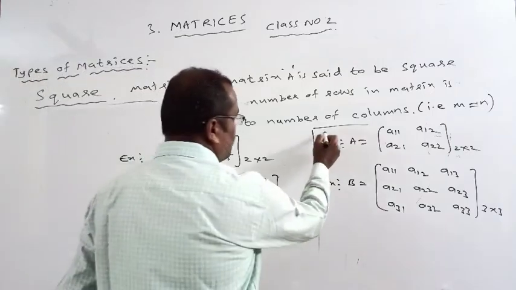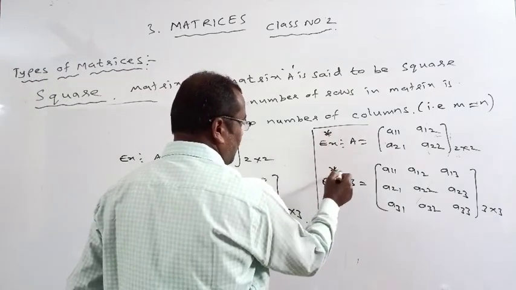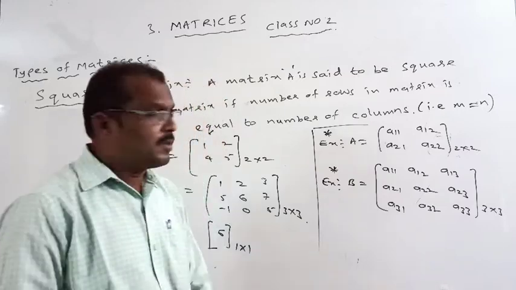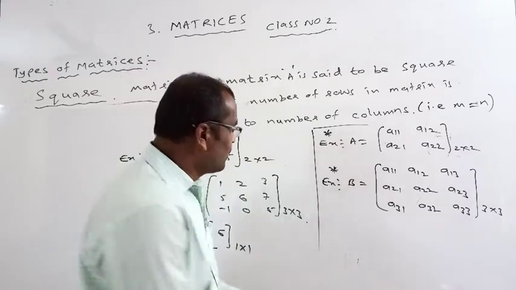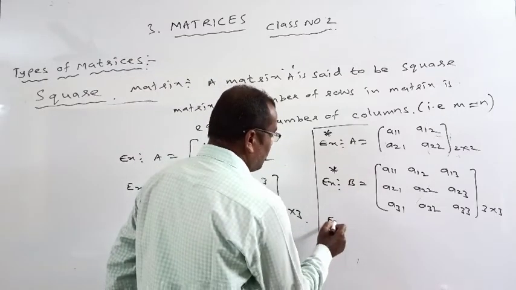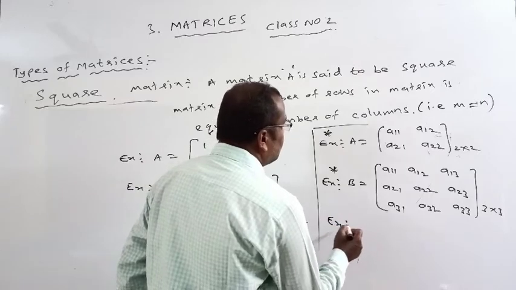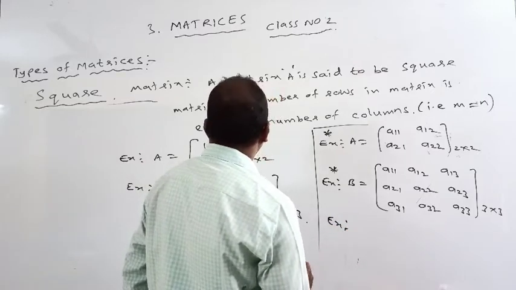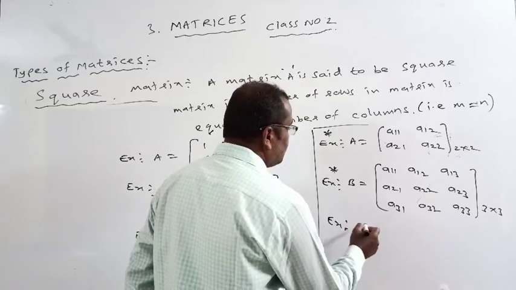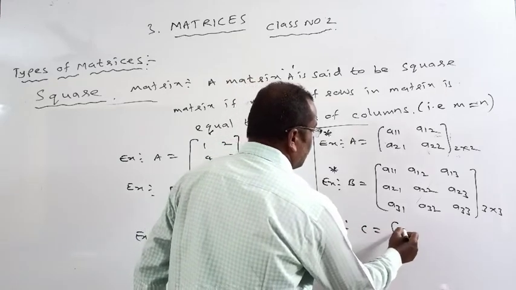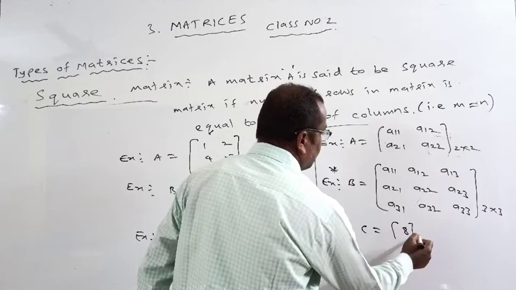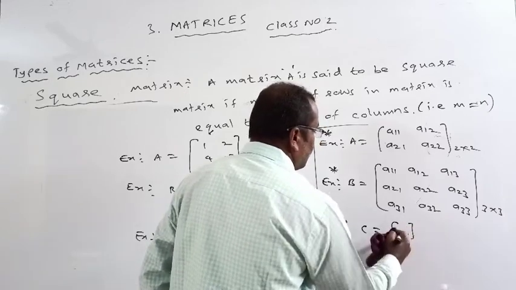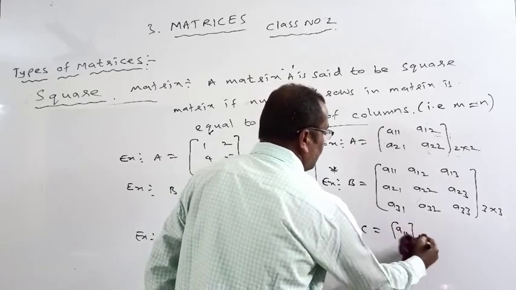So these are most important examples. So copy these two now. So if I write only 1 cross 1, suppose A1, just you may write A1.